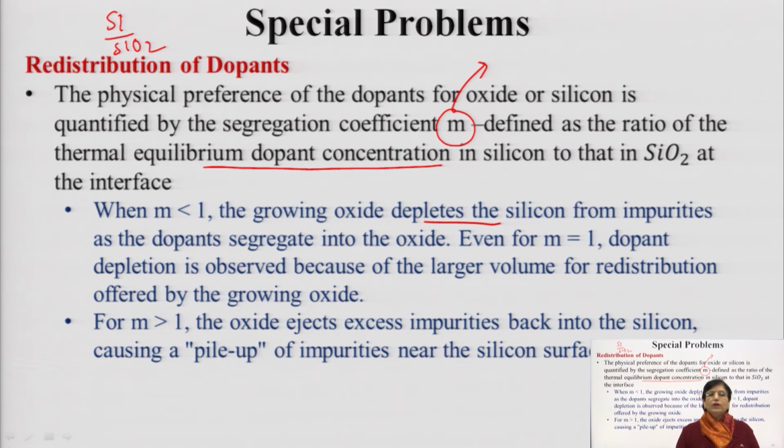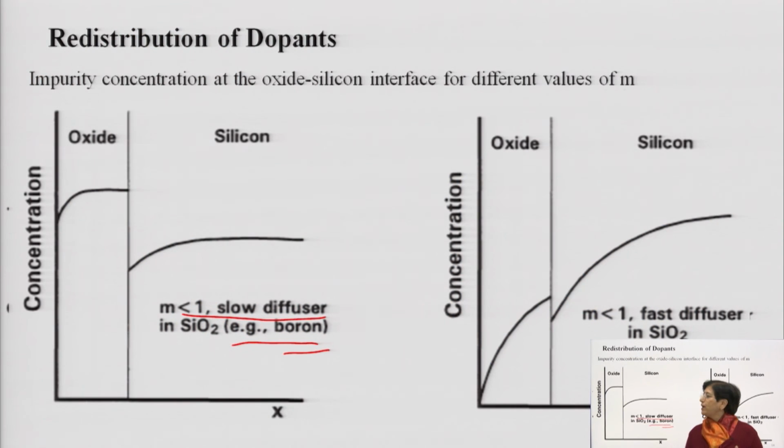Even if m is equal to 1, dopant depletion is observed because there is a large volume for redistribution offered by the growing oxide. Similarly, when m is greater than 1, the oxide ejects the excess impurities back into the silicon.